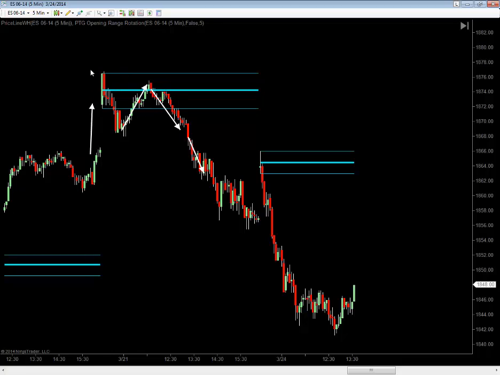We have an opening range strategy that we use in our membership and on a day-to-day basis that utilizes this 5-minute opening range sequence rotation in a very important way. So as a member, you will learn how to use the 5-minute opening range strategy and create some very good trade opportunities using this key anchor point for the day.